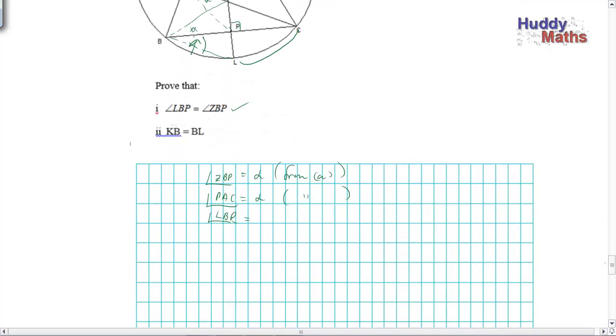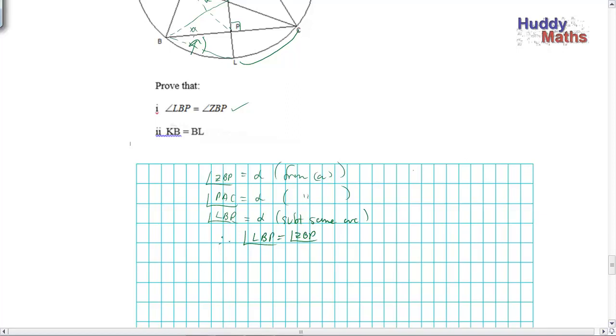So again, subtended by the same arc in the bigger cyclic quadrilateral there. Okay, so therefore we can say angle LBP equals angle ZBP.